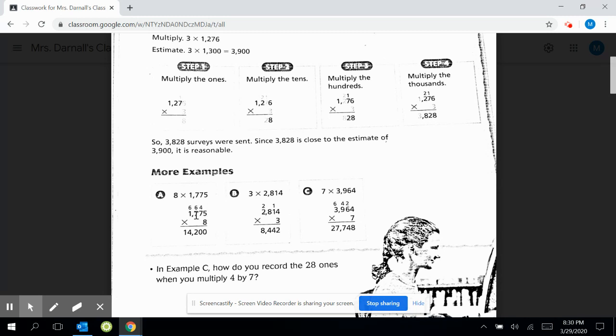We do 8 times 7 again, that's 56. But we add this in, and 56 and 6 would make 62.